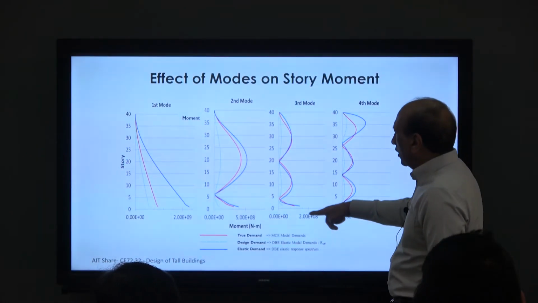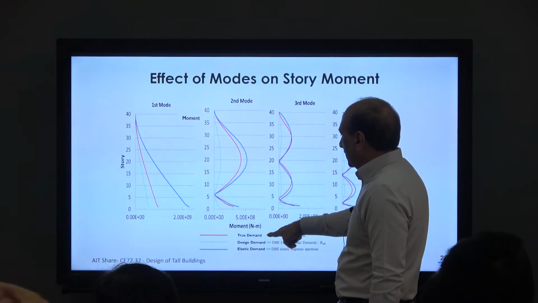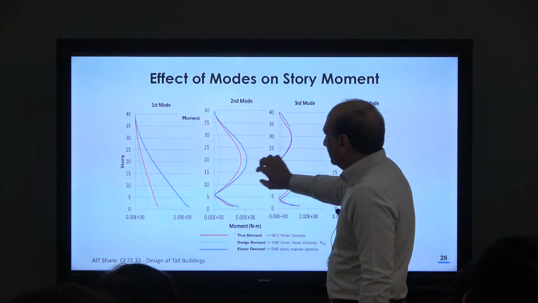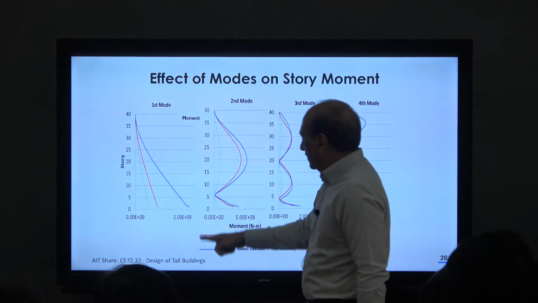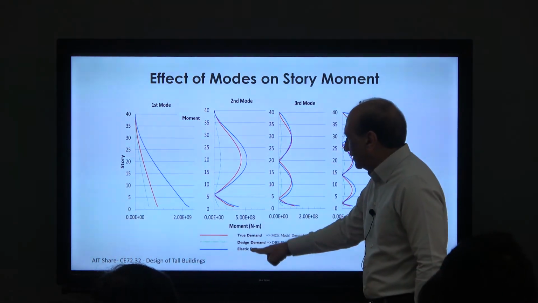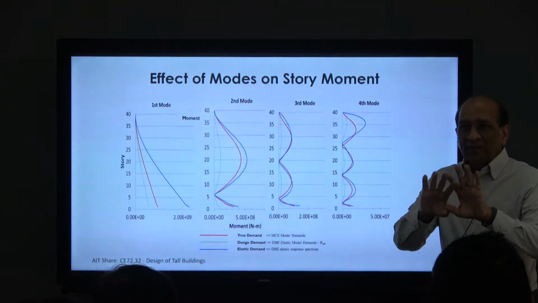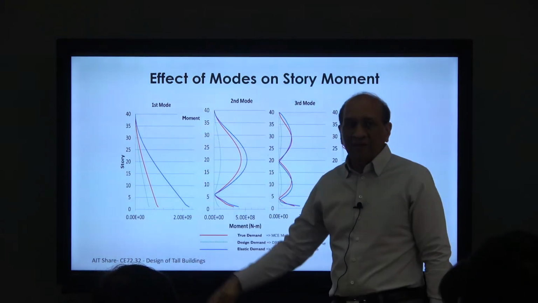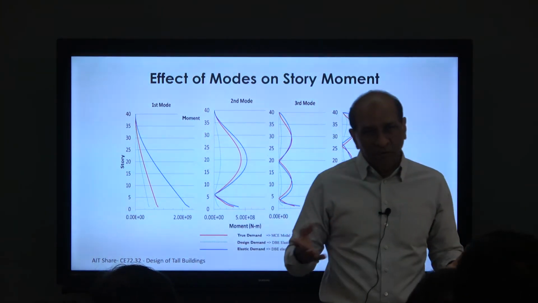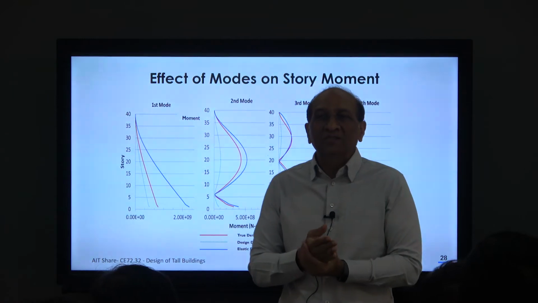So this is a plot of the moment demands. We are plotting 3 demands: one is called true demand, design demand, elastic demand. Okay, don't worry about what those demands mean, but in our office and also at AIT, we use something called modal separation.